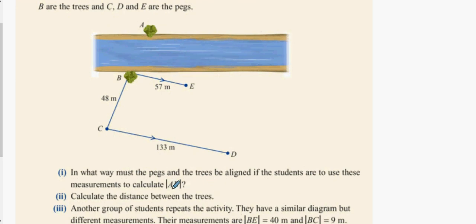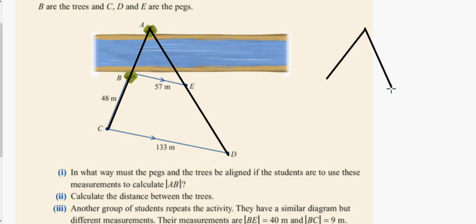Alright, so essentially they're trying to use similar triangles. Use ABE, which is this one here. They're also trying to use ACD, which is the larger triangle.